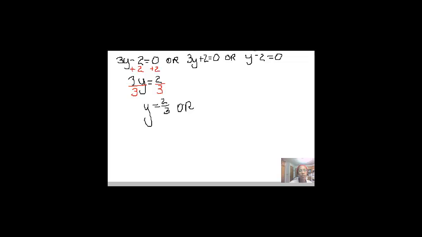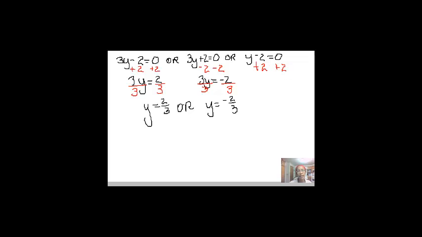or let's subtract 2 from both sides here. So 3y equals -2. Now let's divide both sides of this equation by 3. So that tells me y also can equal -2/3, and this original equation will be true.